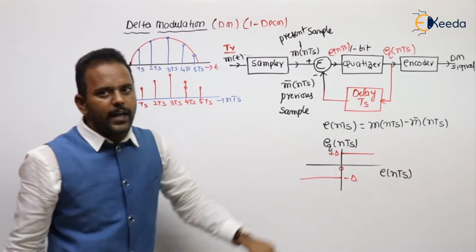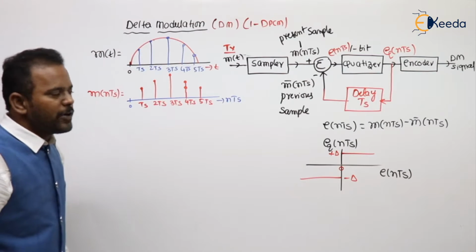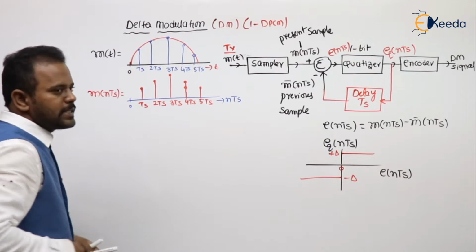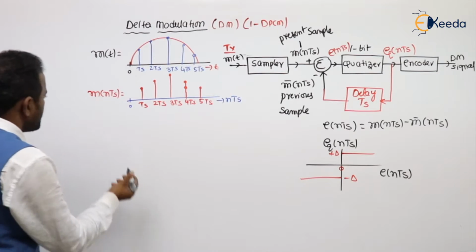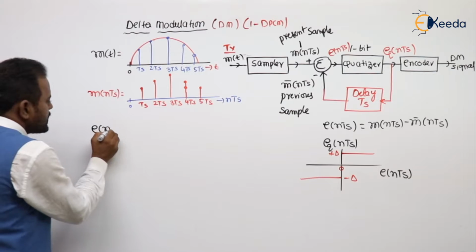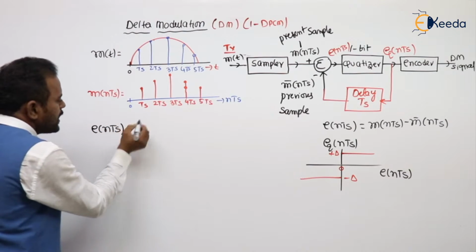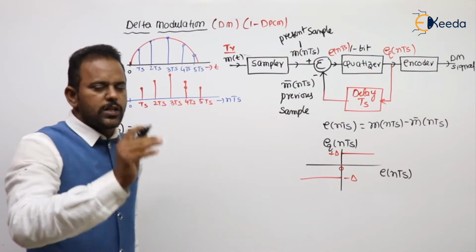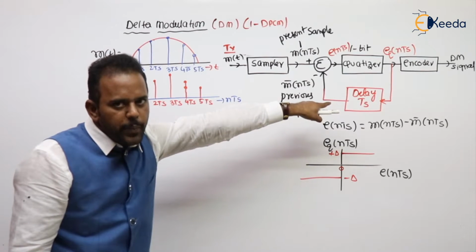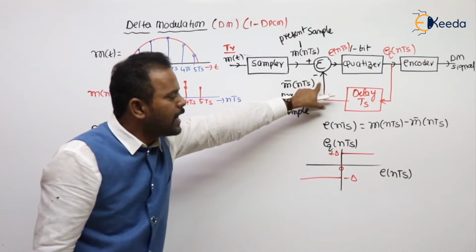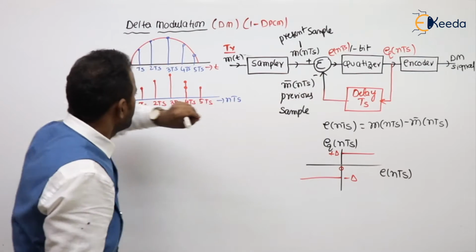That is given to the summer, and the summer output is nothing but e of nTs. What is e of nTs? It is the difference between present and previous. Just now the operation started, nothing is there in the delay. There is no previous sample, so you can take it as 0 volt.